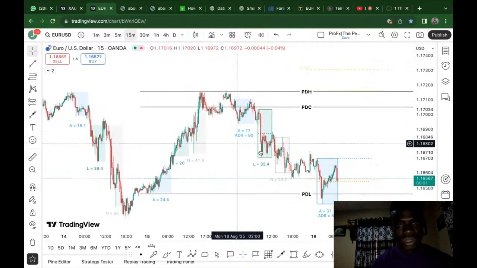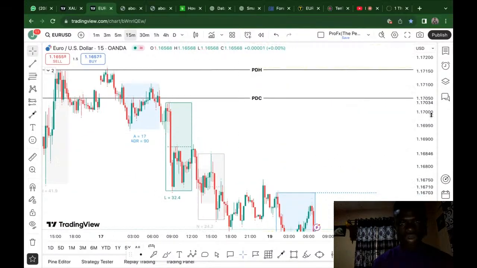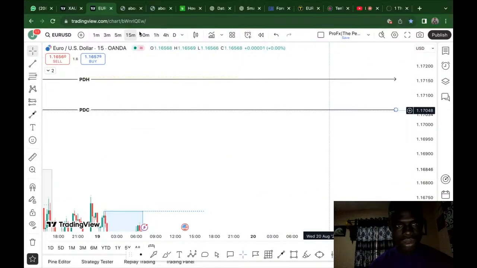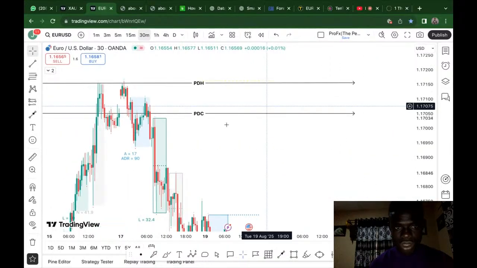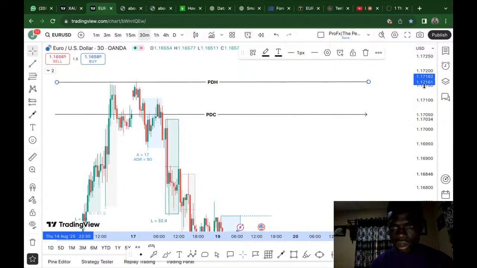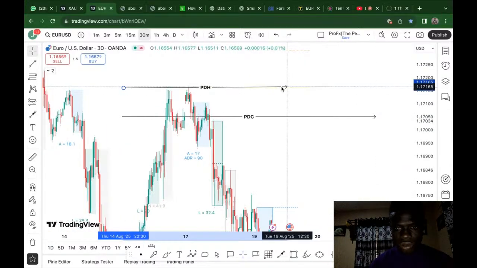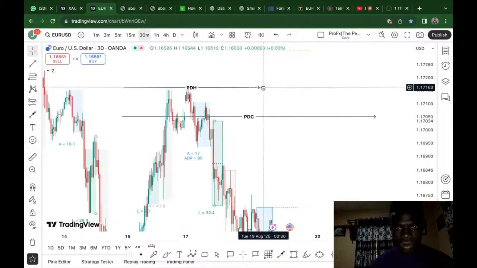But my point is, what 15 minutes is for is to now look at the structure. Let me shift this to the normal day. Give me a minute, please. Let me adjust this. Previous day high. Adjust it to yesterday, rather. Previous day close.